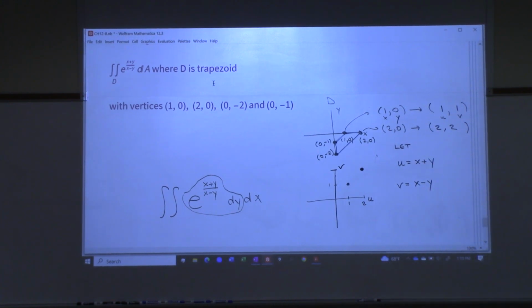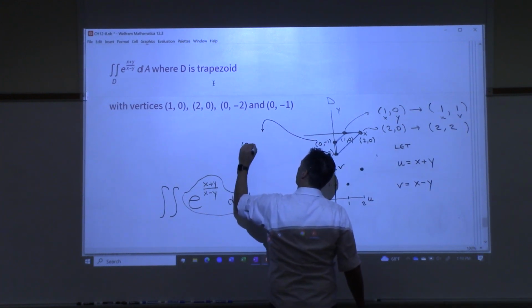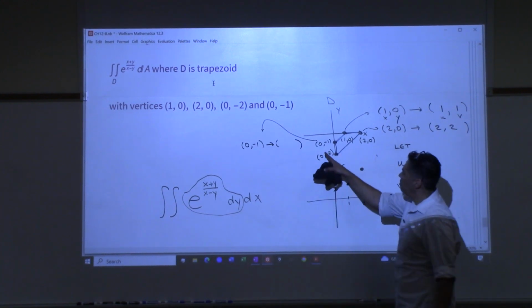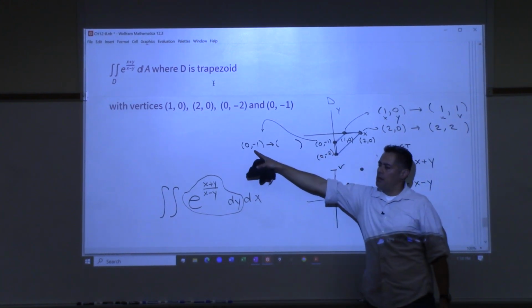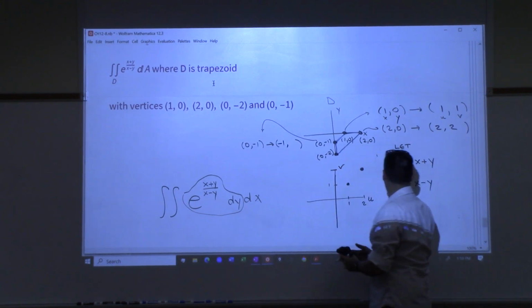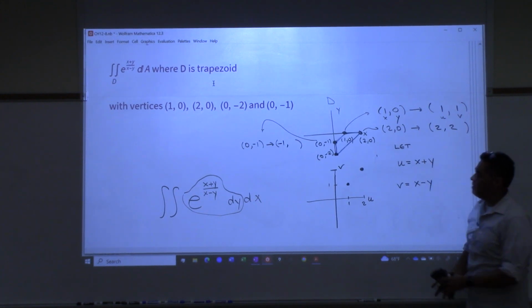All right. Let me take these 2 points. This one here, the point 0, negative 1, that's the xy. When I convert that over, when I add these two coordinates together, I get negative 1. And then be careful here, because to get the v, you take the x coordinate and subtract the y. So we're subtracting negative 1, which gives us positive 1.